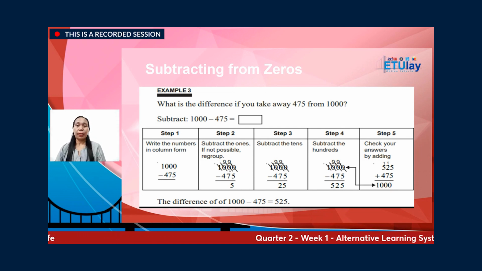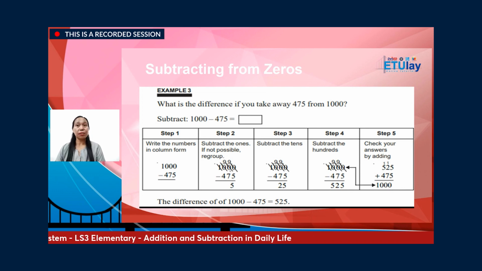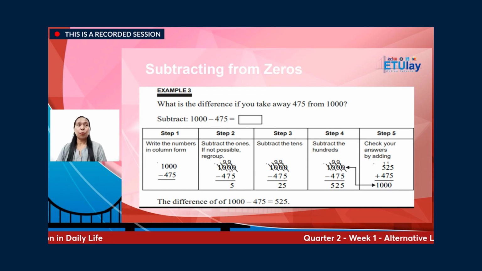Again, don't forget to check your answers. Add the difference and the subtrahend. 525 plus 475. Again, in addition, we also have to regroup. 5 plus 5 is 10. You cannot write 10.